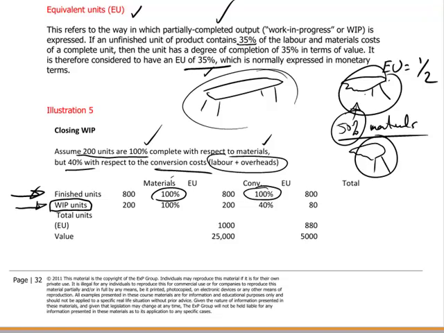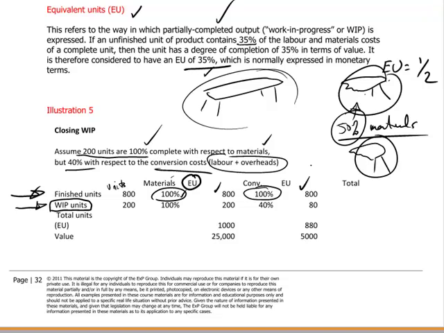Here you can see in the table that we have finished units, 800 units, which are completely finished, 100% from a materials point of view and 100% from a conversion cost point of view. This means that in terms of equivalent units, the number of finished units is equal to 800 equivalent units. That's the easy part.